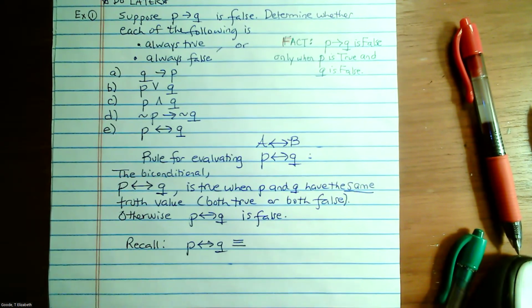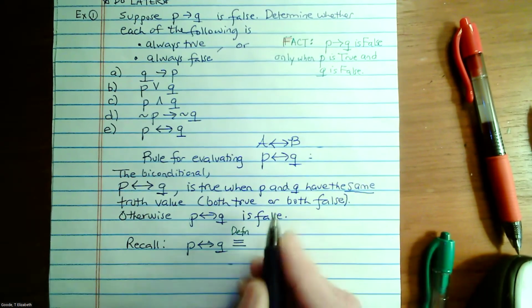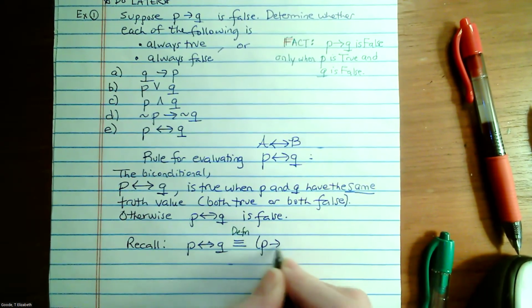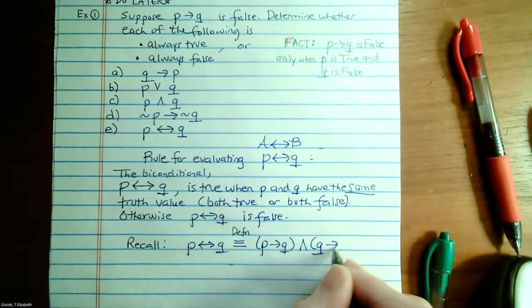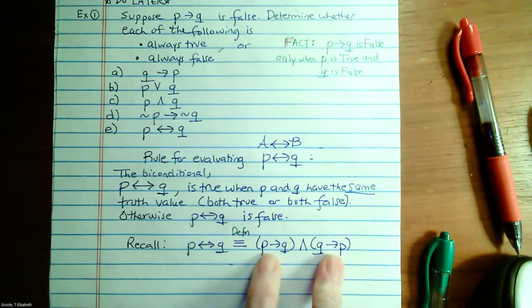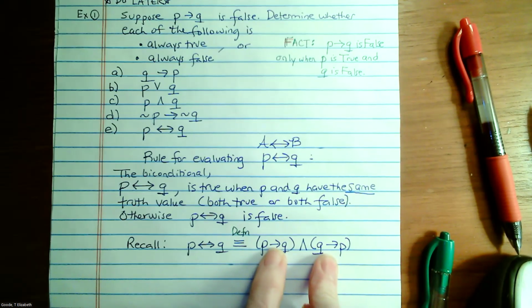Because remember, P if and only if Q means, by definition, this is the definition of P if and only if Q, that if P, then Q, and if Q, then P. Okay, so both of these have to be true for P if and only if Q to be true. These are both true if P and Q are both true, and these are both true if P and Q are both false.